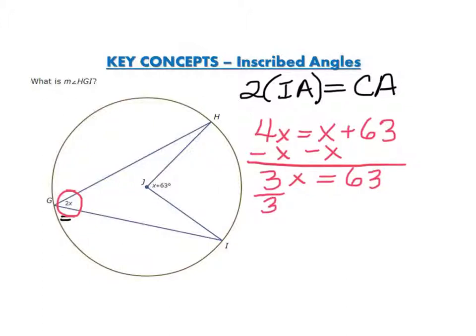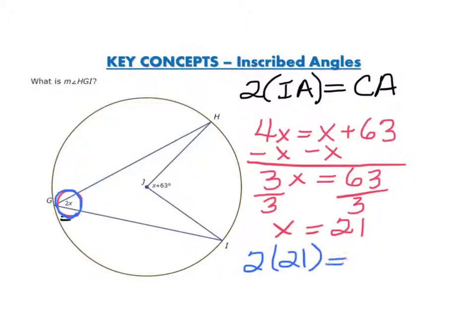When I divide both sides by 3, I'm left with x equals 21. The question asks, what is the measure of angle HGI? And it says it's 2 times x. Well, 2 times 21 equals 42.